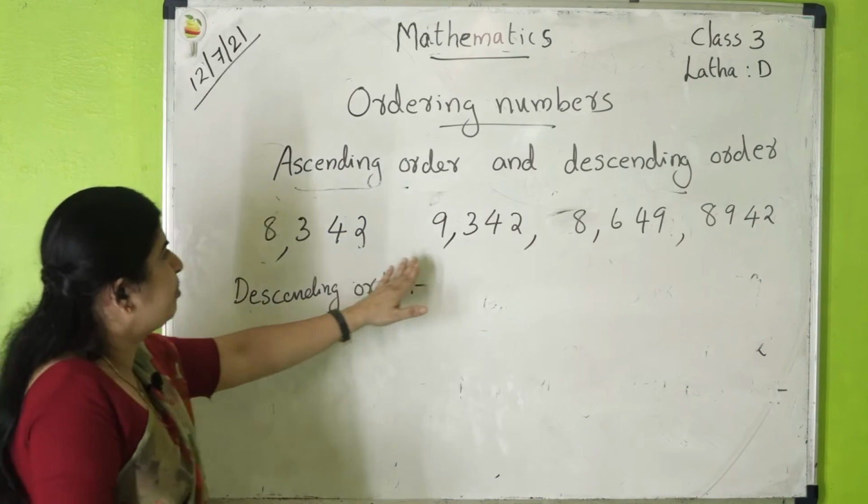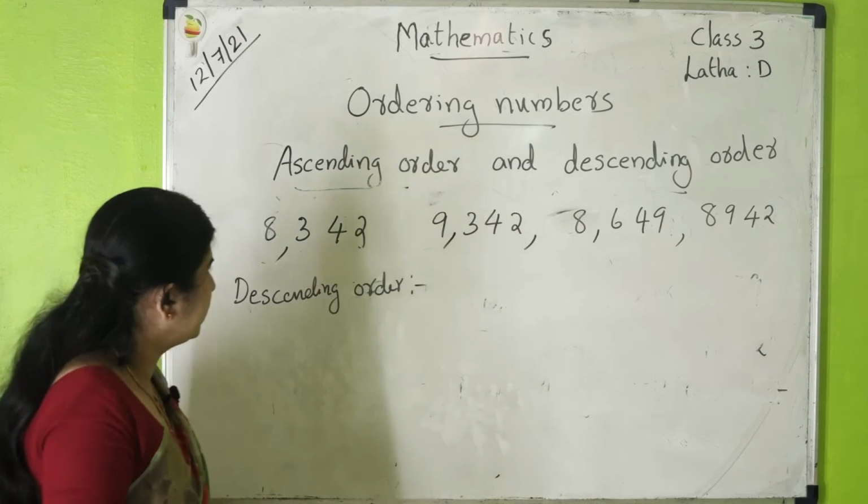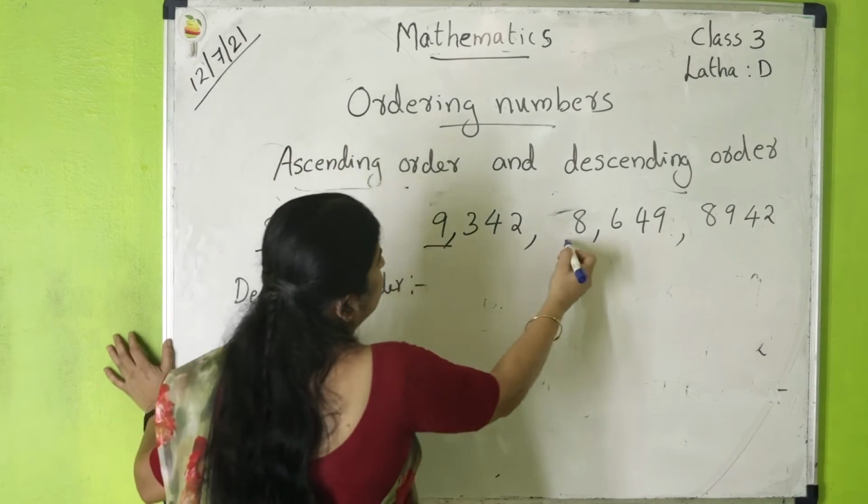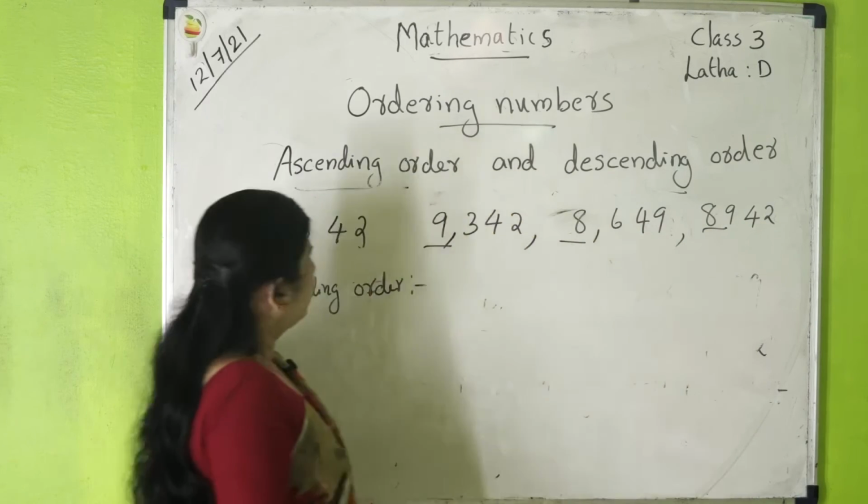Here these numbers have 4 digits. Therefore, we compare the leftmost digit. Here 8, here 9, here 8, here 8.